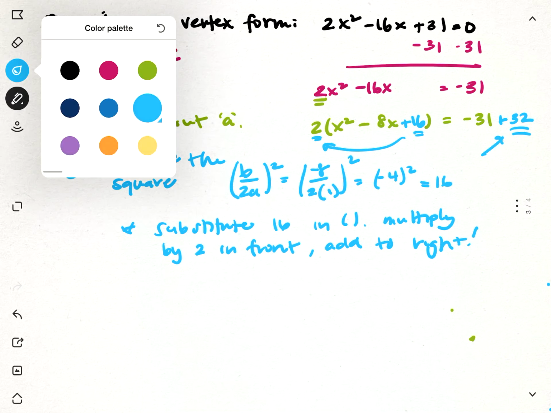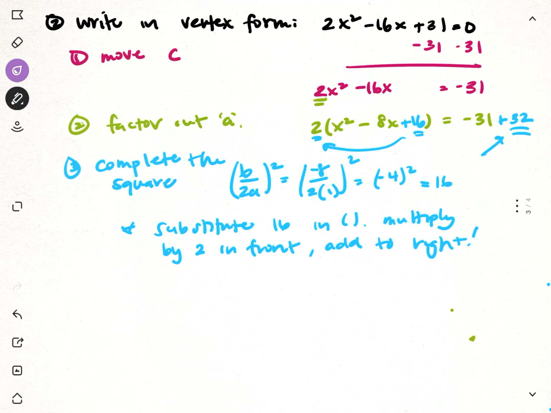Okay, once we've done that, then we can go ahead and start finishing this up. So then we're going to factor the inside. So we have 2 parentheses. Now, remember we said that if we're trying to factor it, we can do the whole factoring thing like we did earlier, or we can just take half of our b. So we're going to have x minus half of 8 is 4.